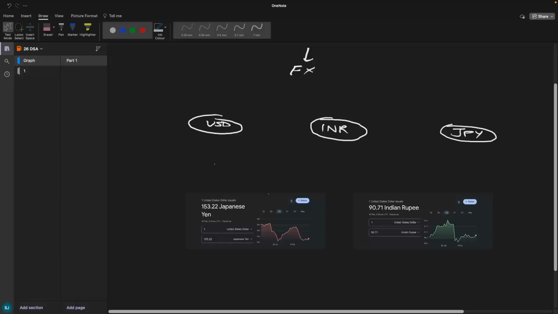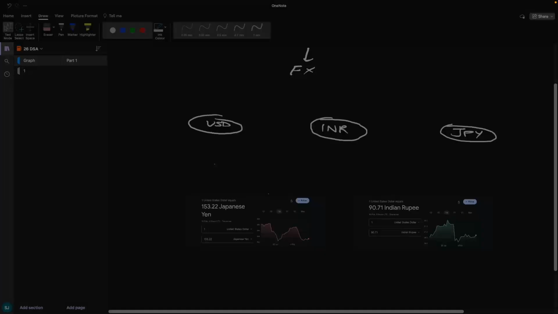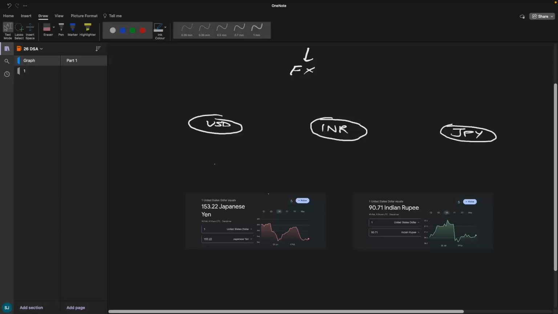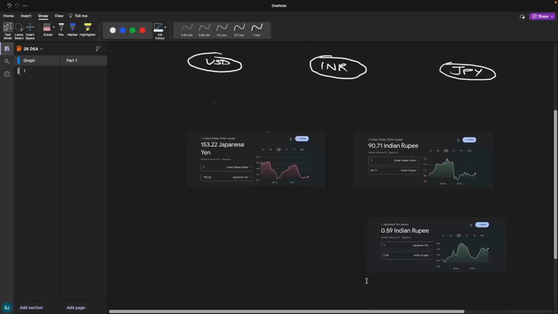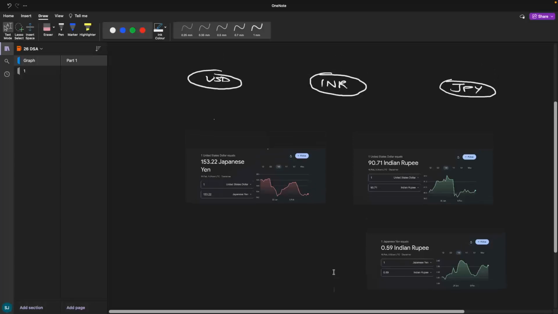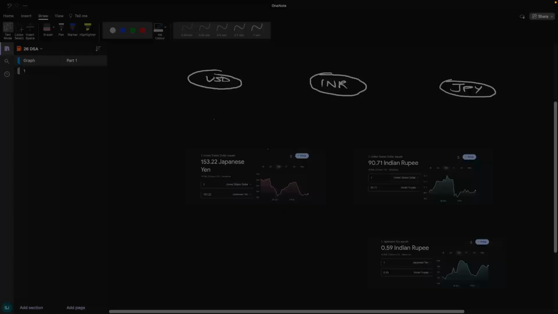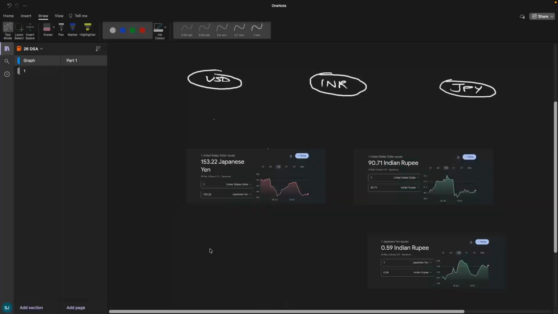So 1 Japanese yen and Indian rupees is what? And 1 Indian rupee to Japanese yen is this.